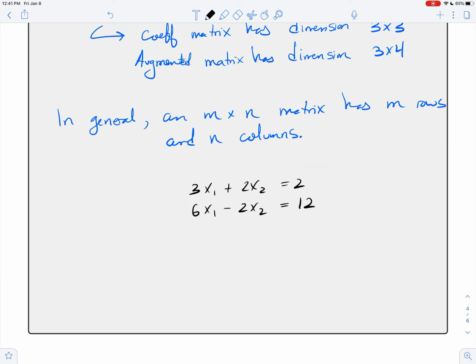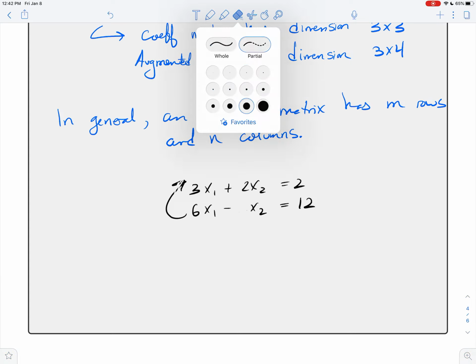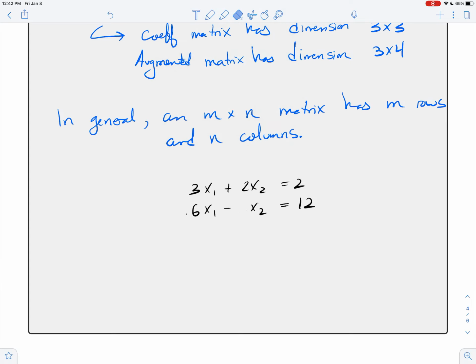I'm going to multiply the bottom equation by 2 and then add it to the top.